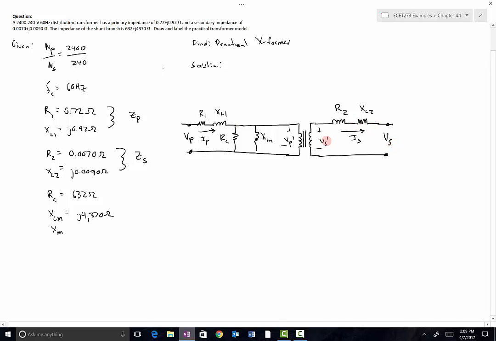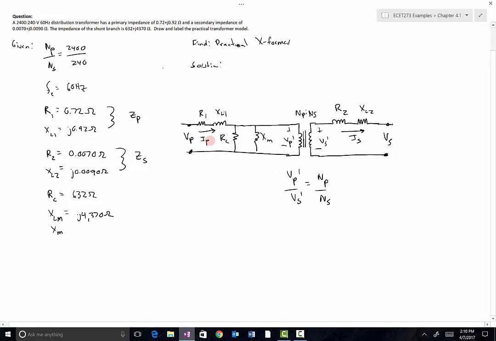VS prime does not equal VS, and VP does not equal VP prime. The turns ratio relates VP prime and VS prime, NP over NS. So these quantities are what's relatable via the turns ratio, not VS to VP. So VP prime over VS prime is NP over NS, and this equation now holds.